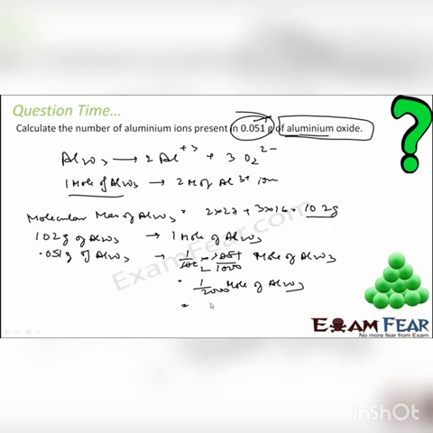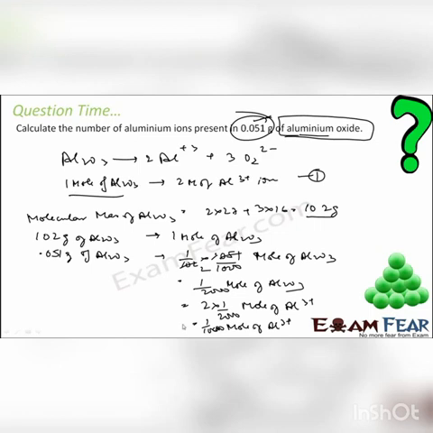So these moles of Al2O3 is nothing but half of these moles of aluminum ion. That is from this equation, 1 mole of Al2O3 gives 2 moles of Al3 plus ion. That means it is nothing but 1 by 1000 mole of Al3 plus ion. But what we have to find? We have to find the number of ions.